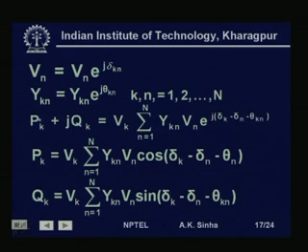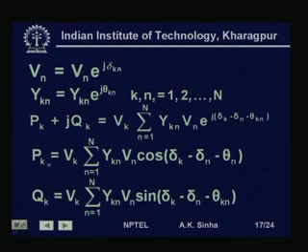So, this is what we get from here, and if we now separate out the real and reactive parts from this equation, then we can write Pk is equal to Vk summation n equal to 1 to capital N Ykn Vn cos of delta k minus delta n minus theta kn.